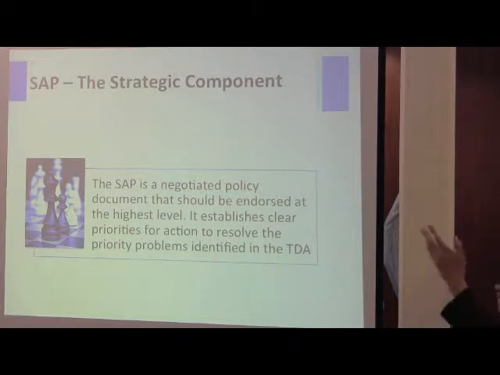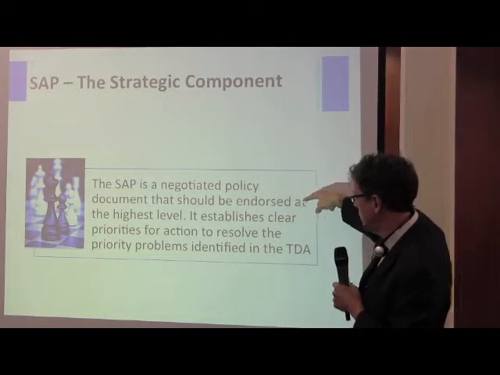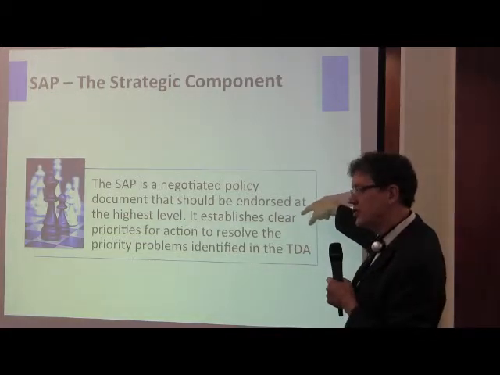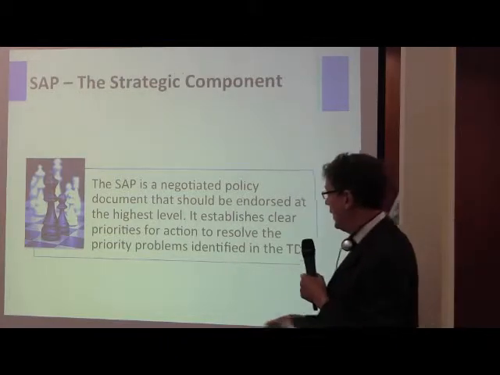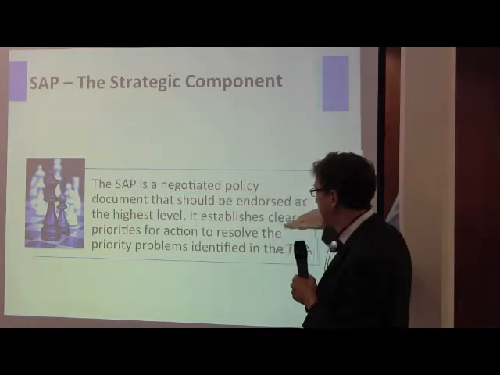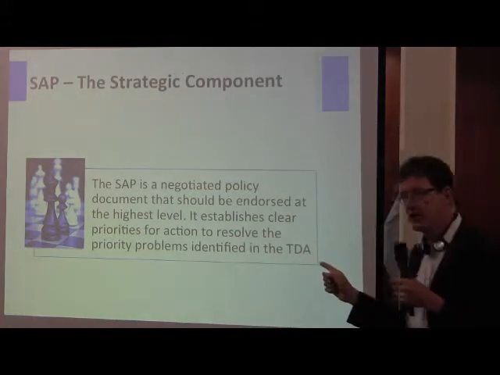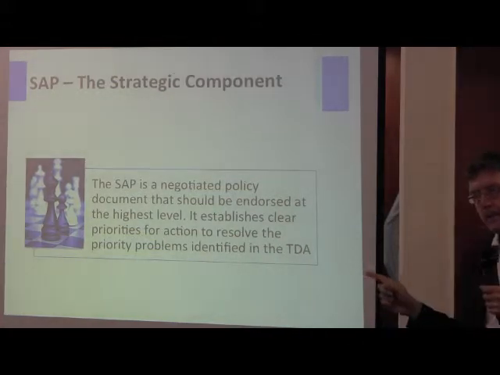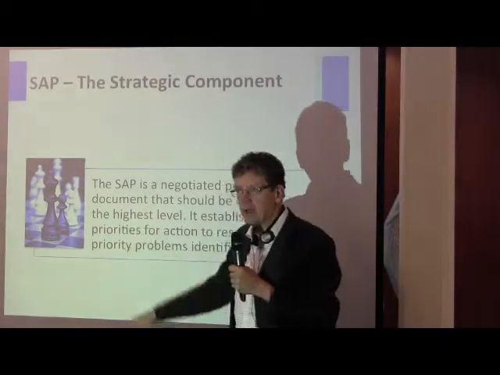Just to go back to what the SAP is: the SAP is a negotiated policy document. It should be endorsed at the highest level in both countries, and it establishes clear priorities for action to resolve the problems identified in the TDA. So again, it's all about prioritisation.